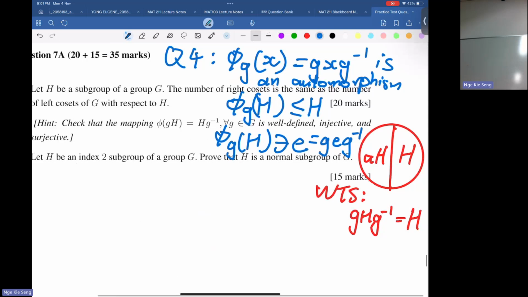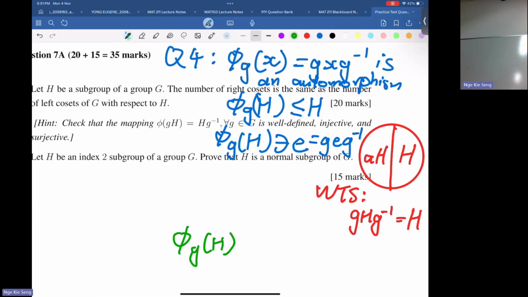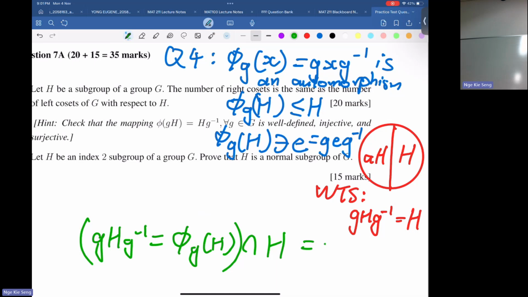So we see that phi g of H intersect H, this is just GHG inverse, contains the identity. So under this partition, they have to be the same.